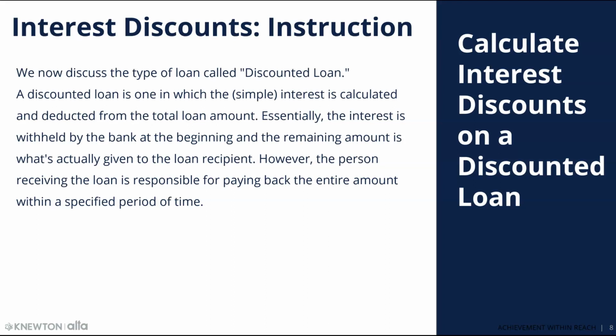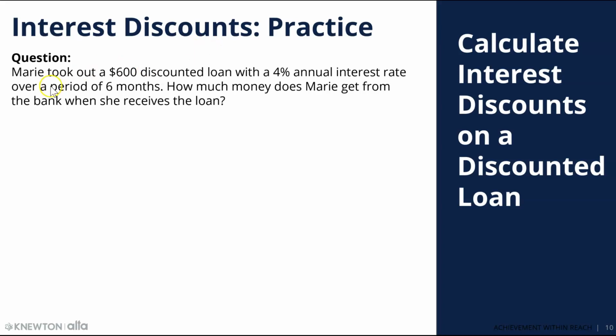period of time. For instance, in the example here, Marie took out a $600 discounted loan with a 4% annual interest rate over a period of 6 months. So since this is a discounted loan, Marie will not receive this entire amount, but rather she will receive the amount net of the interest.